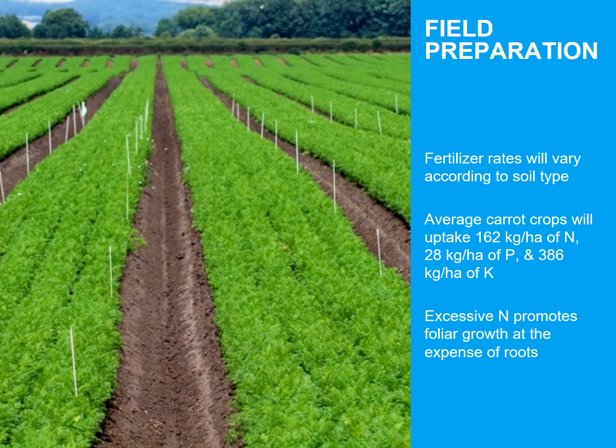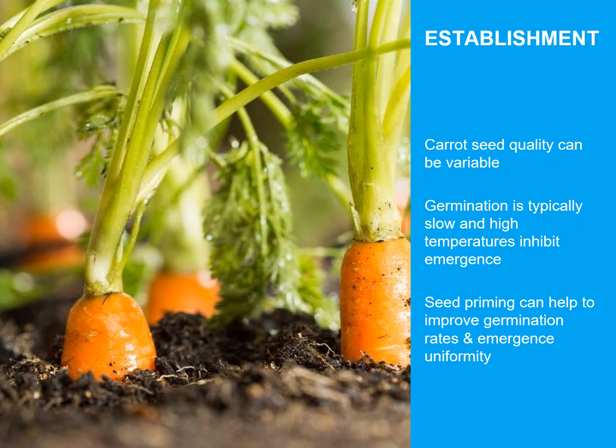So it's essential that adequate potassium is provided to the crop, whereas excessive nitrogen can promote overgrown foliage, and this comes at the expense of the growth of the roots. So it's important not to over fertilize with nitrogen on a carrot crop.